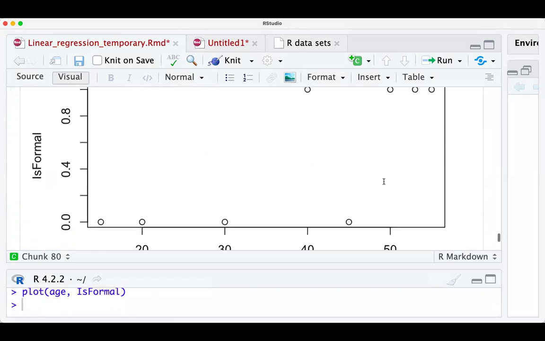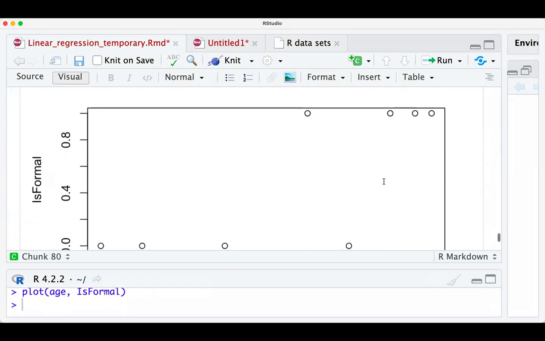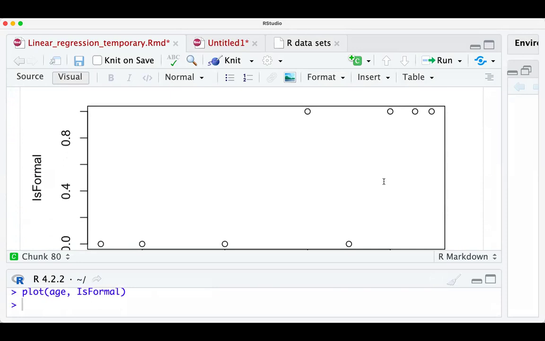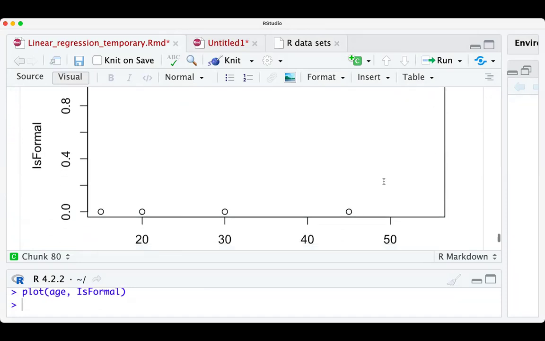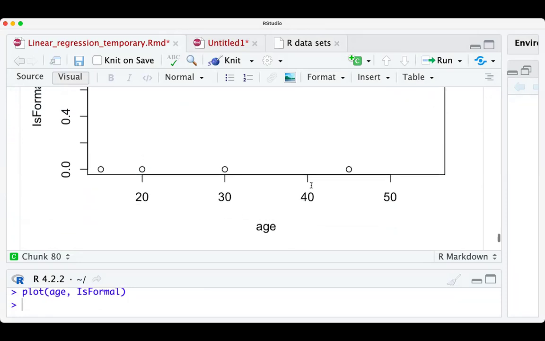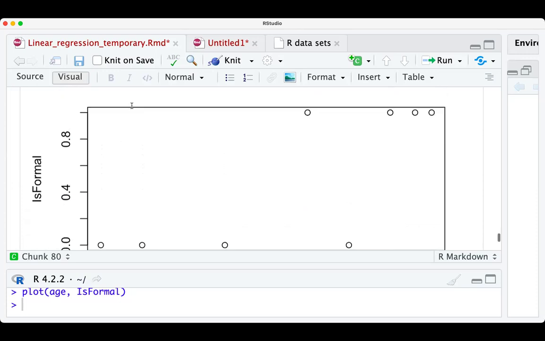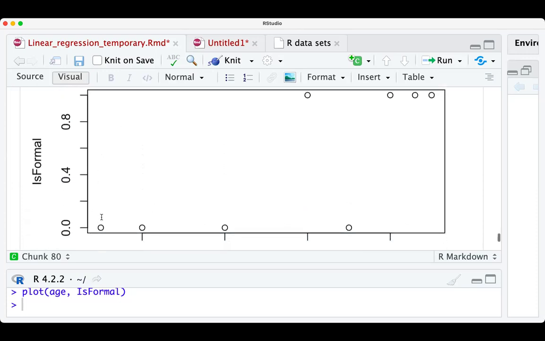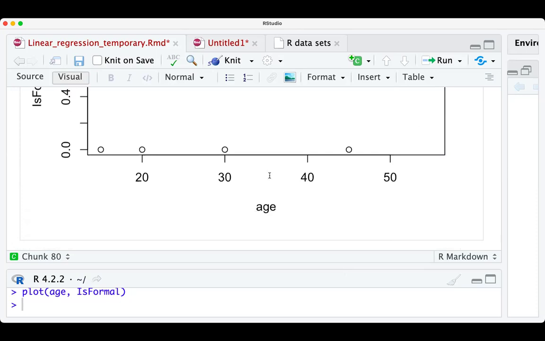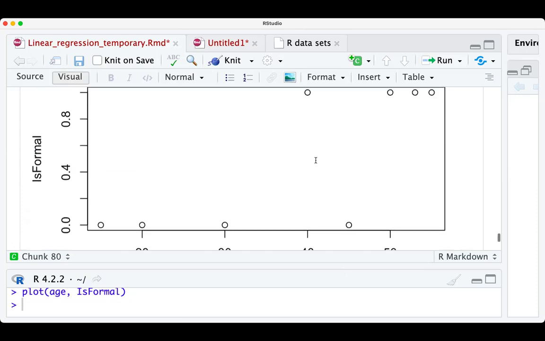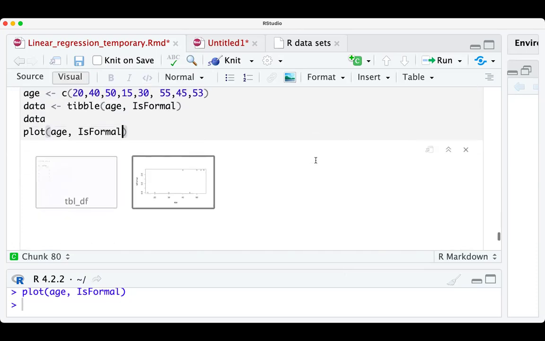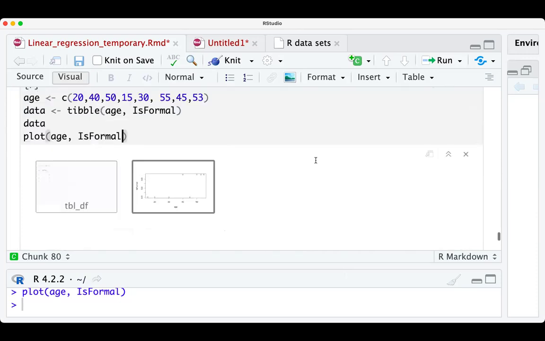So you see, this is your bivariate observation. On the y-axis, you have only two possible choices. On the x-axis, you have an age, so it's a continuous variable.